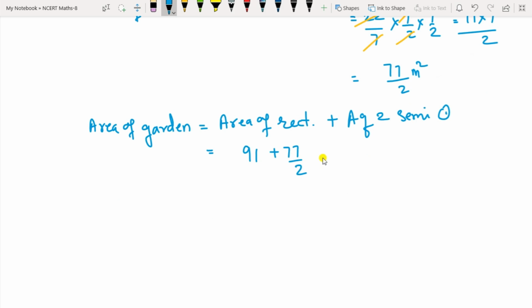Add both. Take the LCM and solve, or find it in decimal. 91 plus 38.5 becomes 129.5 meters square. On adding you get this answer. So that is the area of the garden, 129.5 meters square.